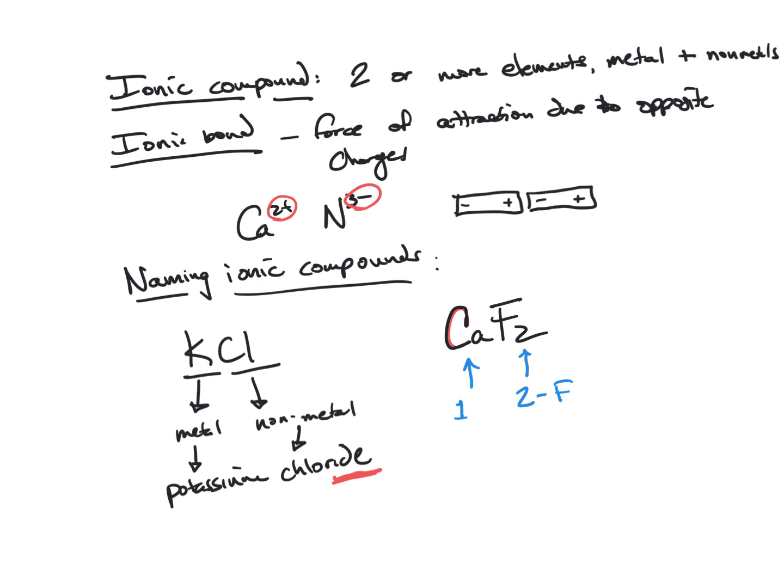We're not going to worry about those numbers yet. That'll be a different lesson, on how we get those numbers and why they are there. For now, we're not going to worry about those with respect to naming. This is our metal, calcium, and this is our nonmetal. We're going to call this calcium fluoride with that IDE ending. Fluorine becomes fluoride, and that's how we name ionic compounds.